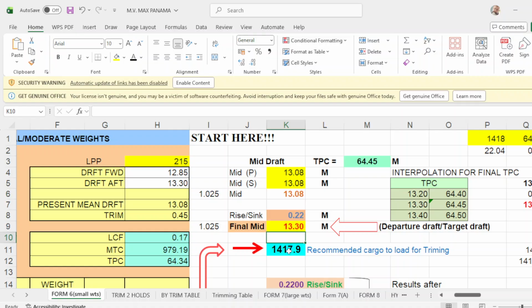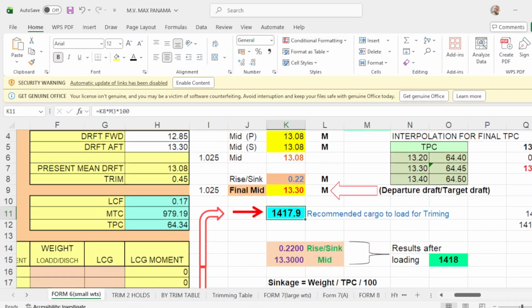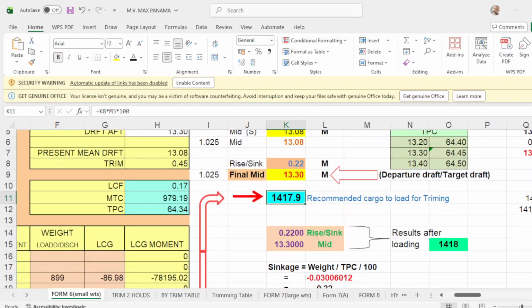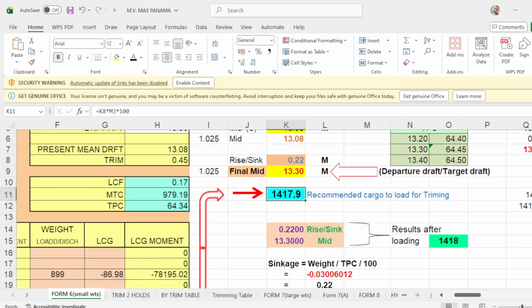When you click this one, we convert this sinkage into metric tons. How do we convert this into metric tons? The sinkage formula would be weight.